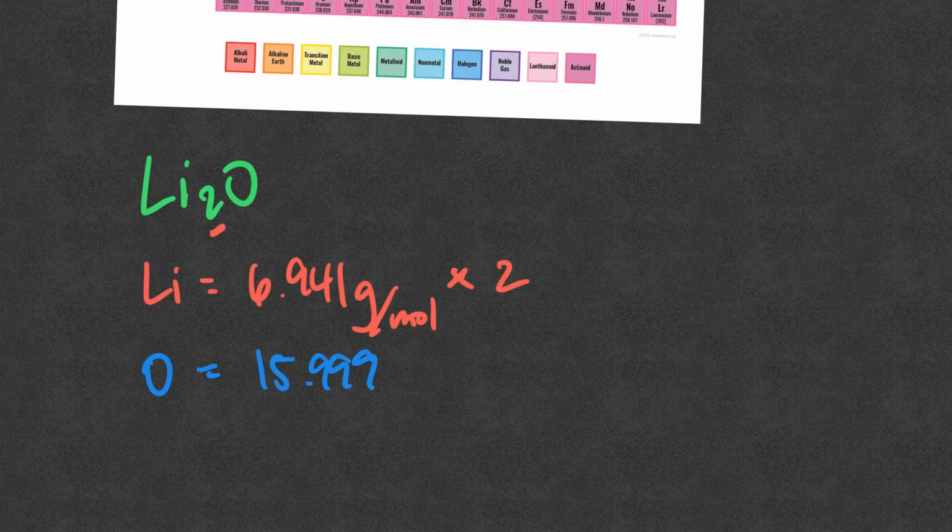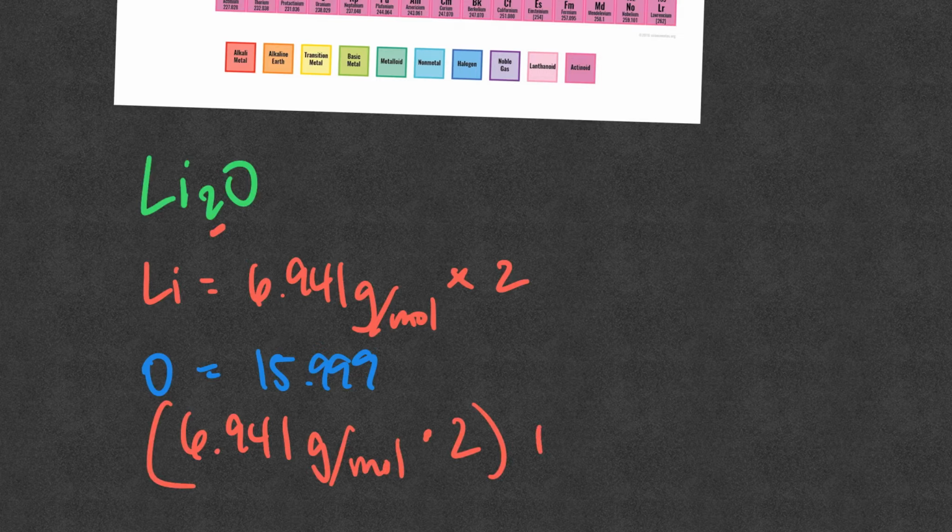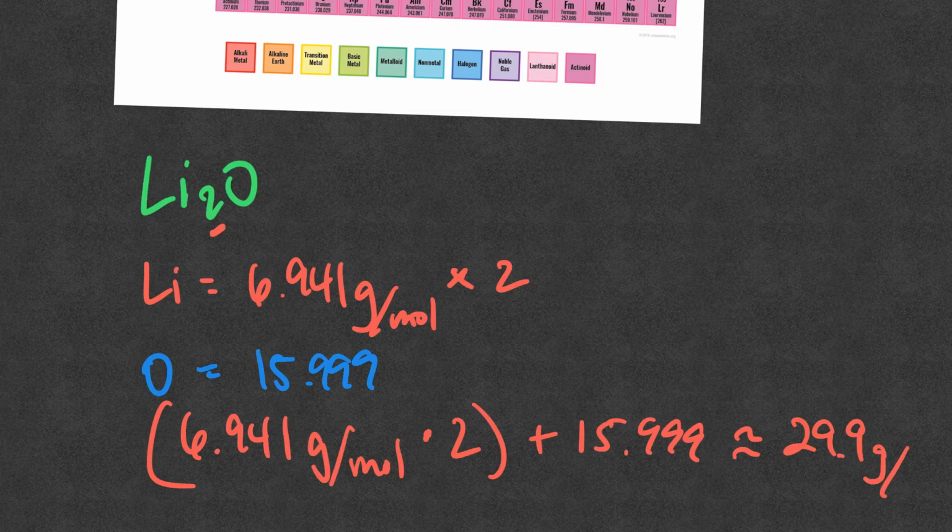We simply add them up together: 6.941 grams per mole times 2, plus 15.999. It turns out that the molar mass of lithium oxide is roughly 29.9 grams per mole.